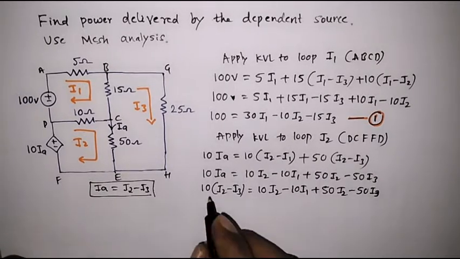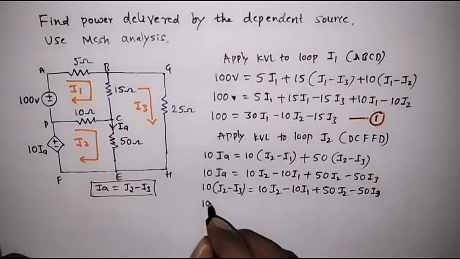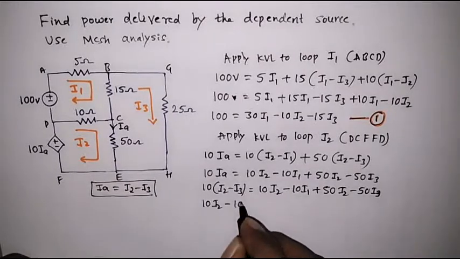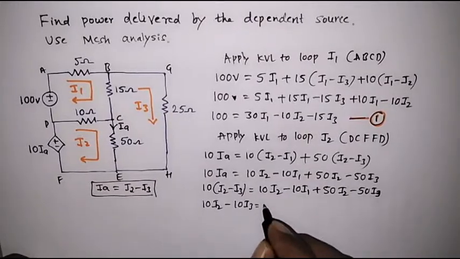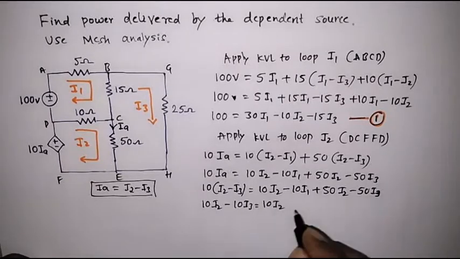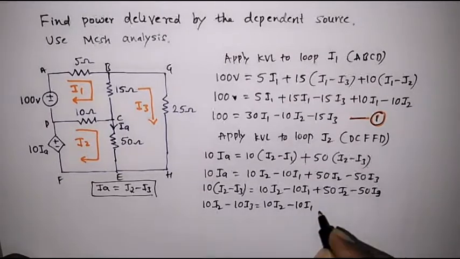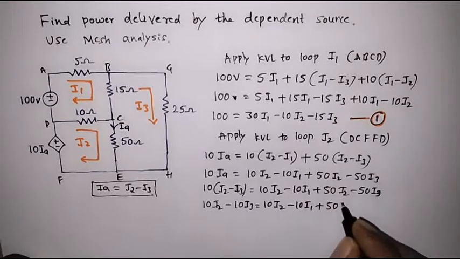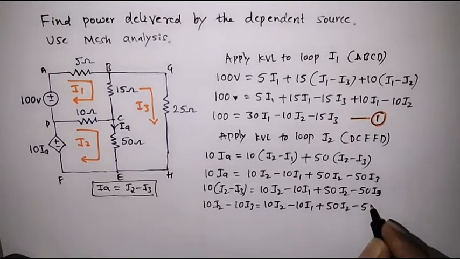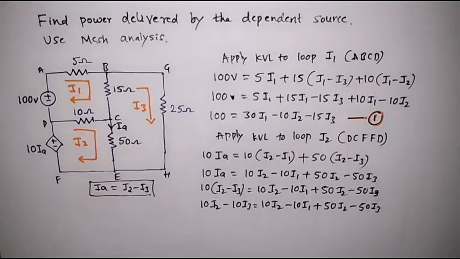I'll simplify this further. 10 I2 minus 10 I3 is equal to 10 I2 minus 10 I1 plus 50 I2 minus 50 I3.